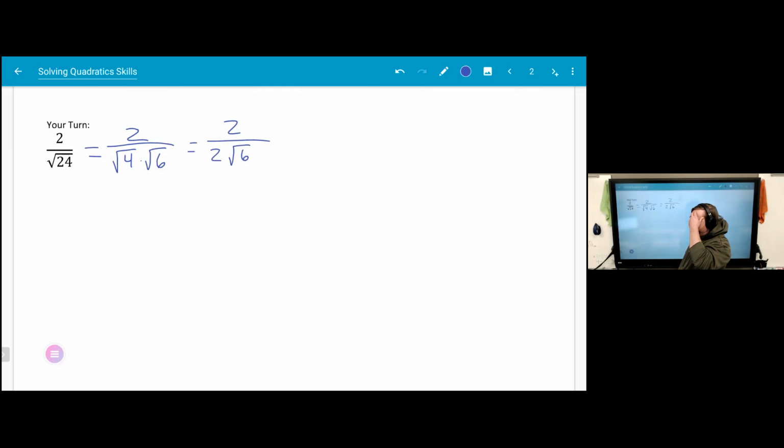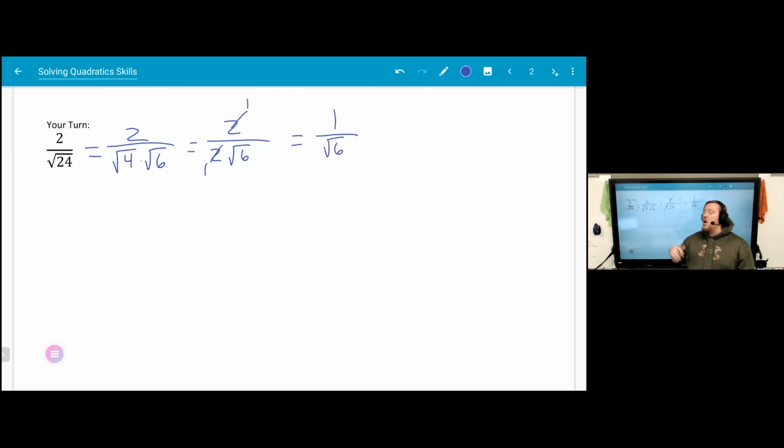Can I simplify anything? Hey, I can, right? Before I do anything else, I can simplify. Back up. What is 2 divided by 2? 1. This would simplify to 1. I end up with 1 divided by 1 times the square root of 6, or just square root of 6.